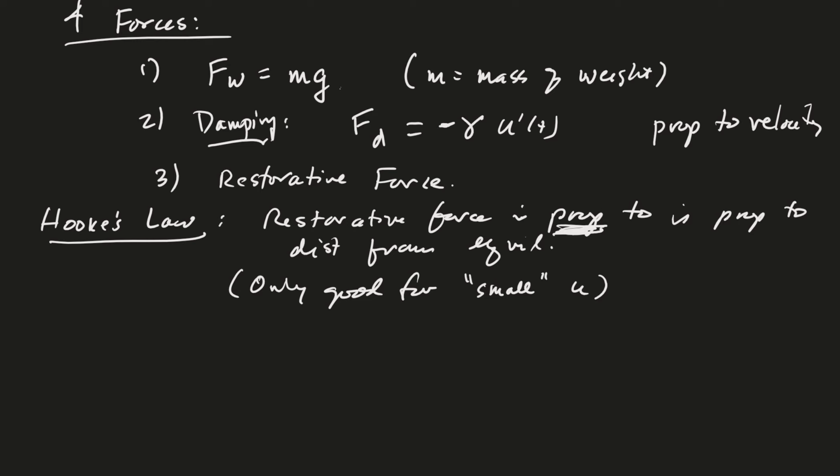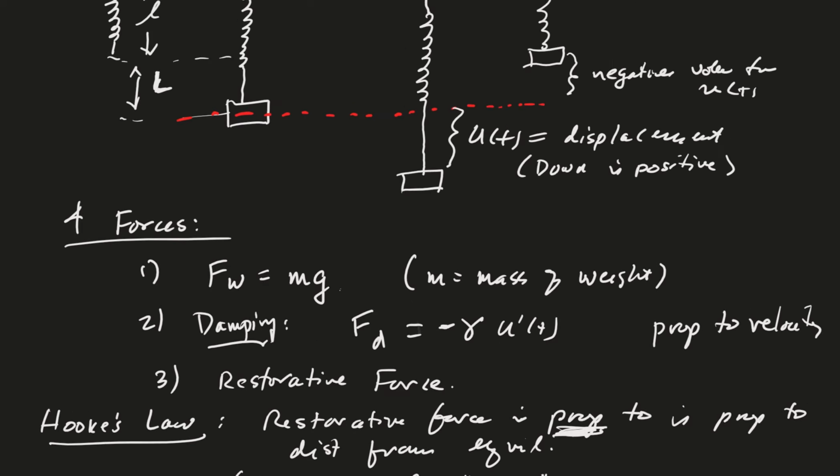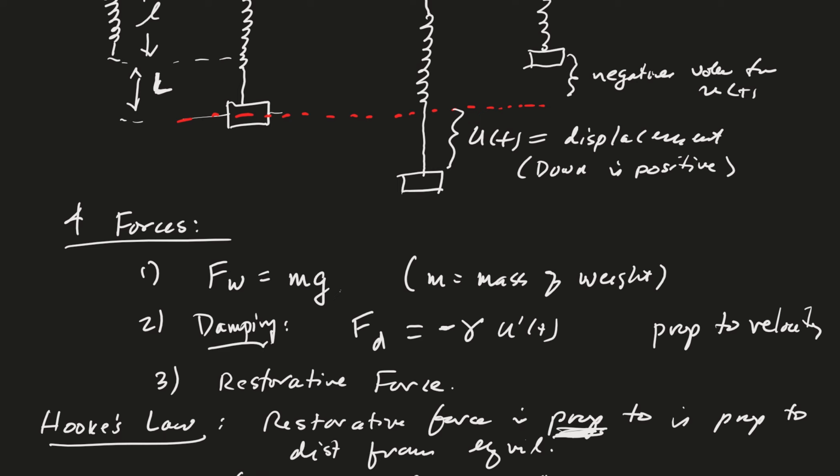Where is equilibrium for the spring? The equilibrium for the spring is here. Because the spring is not moving, the weight down, which is mg, is equal to the restorative force up.